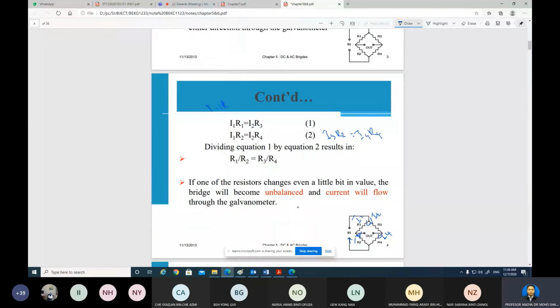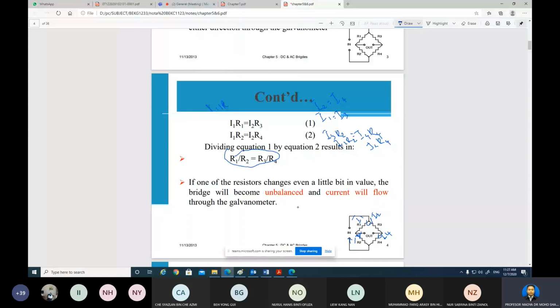Normally I1 equals I3, so here it changes to I1 multiplied by R2, and I2 equals I4, so here it changes to I2 multiplied by R4. Then we divide equation 1 by equation 2 and get this formula: R1 divided by R2 equals R3 divided by R4.